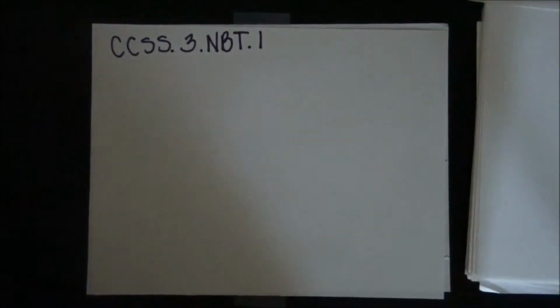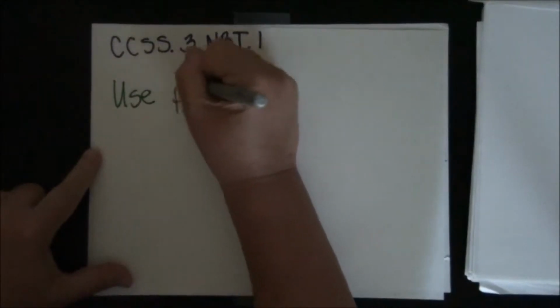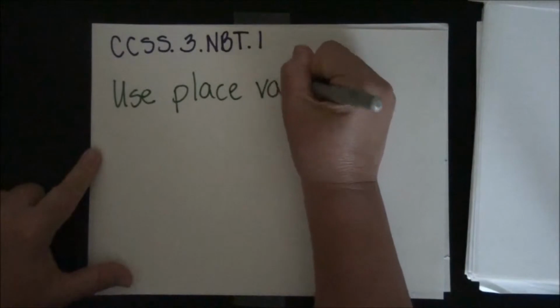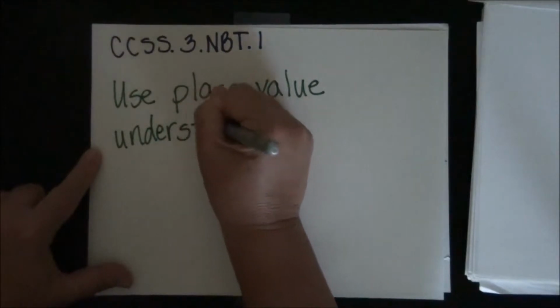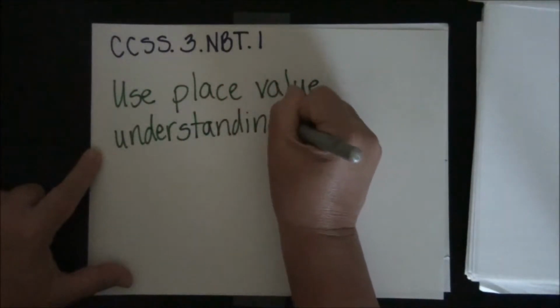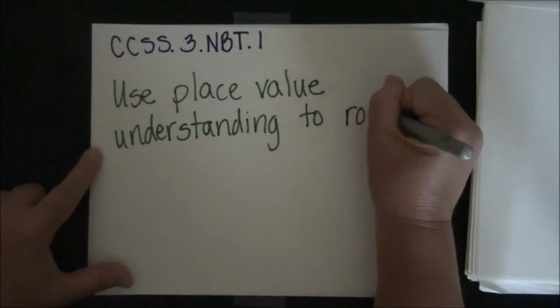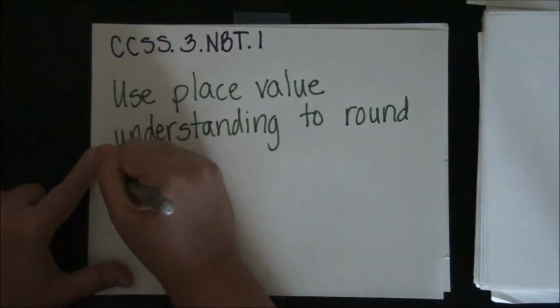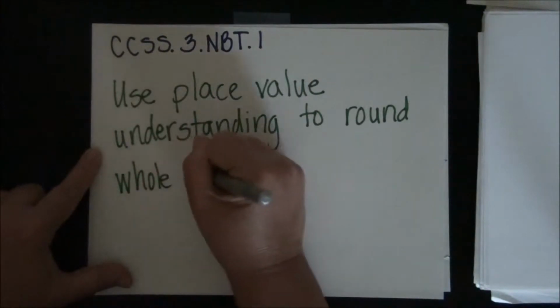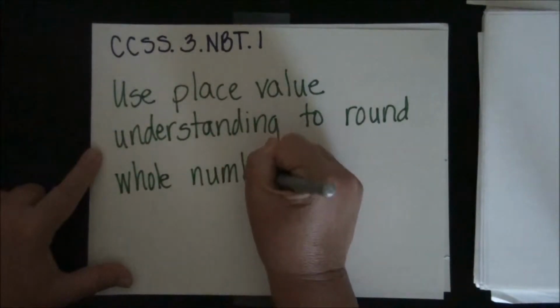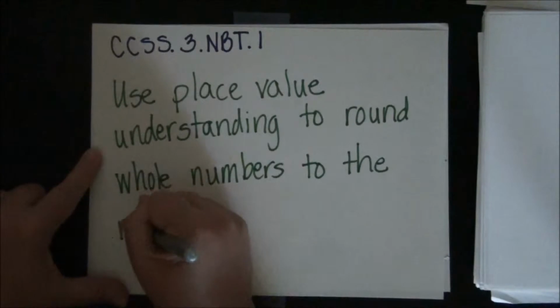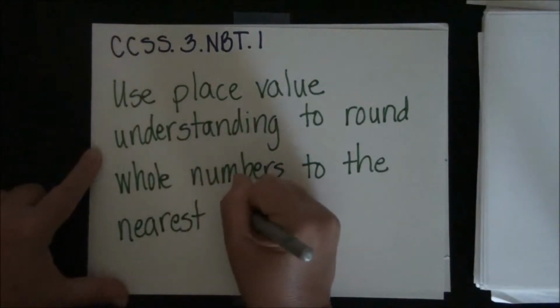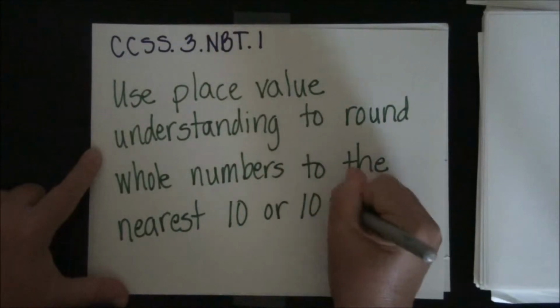And that standard says that we will use place value understanding to round whole numbers to the nearest 10 or 100.